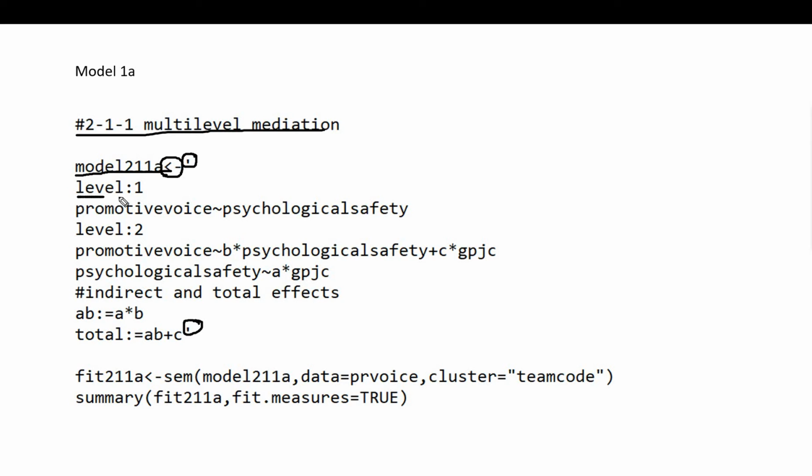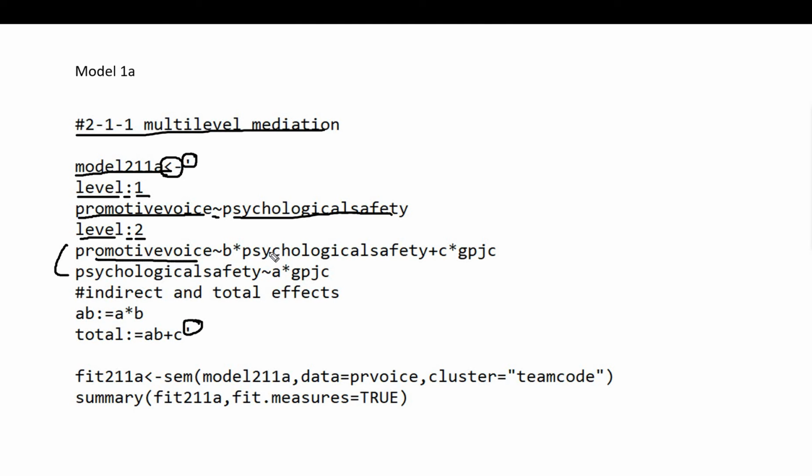On the next line you can see I've got level : 1. Following that I have my level 1 model. You can see that we have promotive voice, tilde, and then psychological safety. These are the variables as they appear in the data frame that we're working with. Then we also have level : 2, and then our model for level 2.